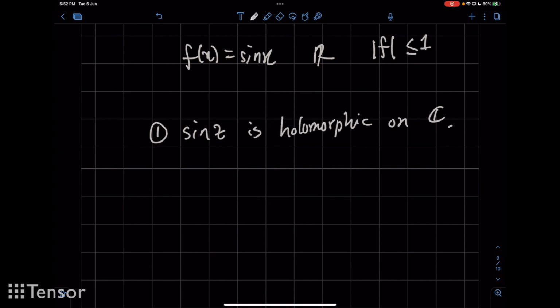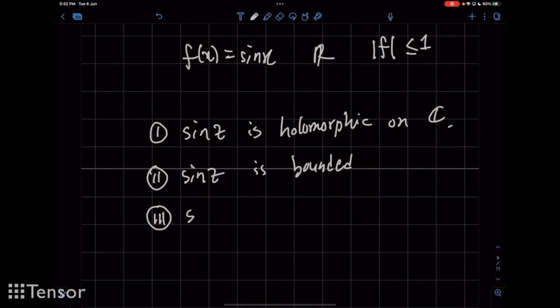The second statement is that sin z is bounded. Therefore, by Liouville's theorem, sin z is constant. But we know that sin is not a constant function. So what is wrong in this reasoning?